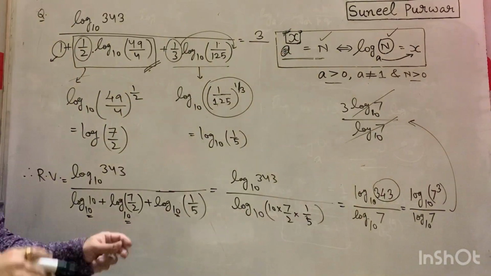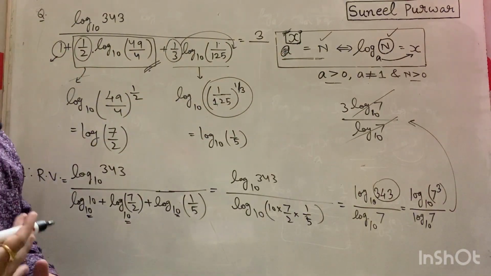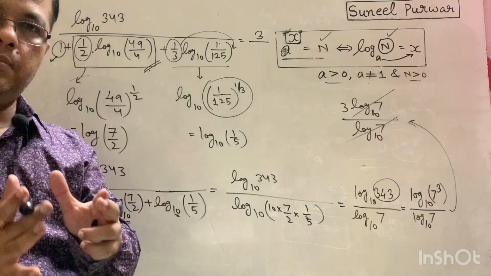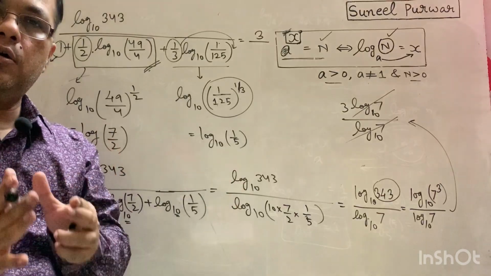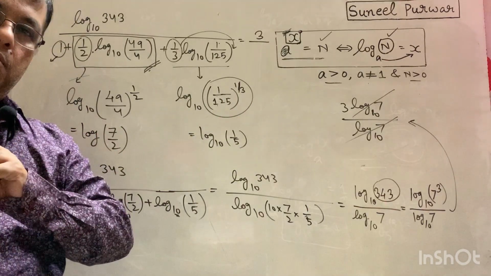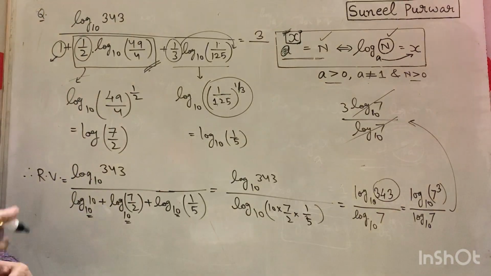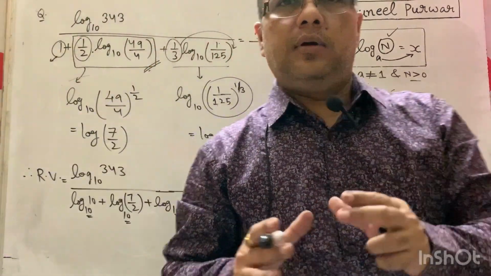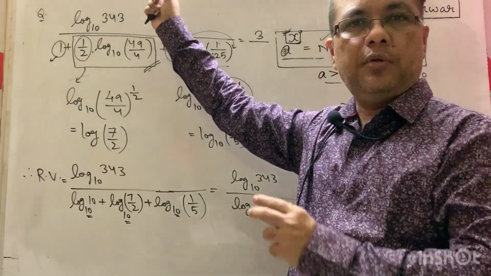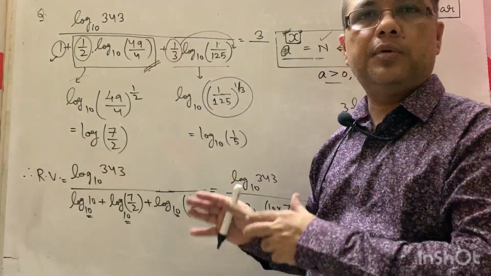So understood? How important and powerful are those properties, log m plus log n and log of m minus log of n, and then the combined property which I told you, log of where some logarithms were added and some logarithms were subtracted.